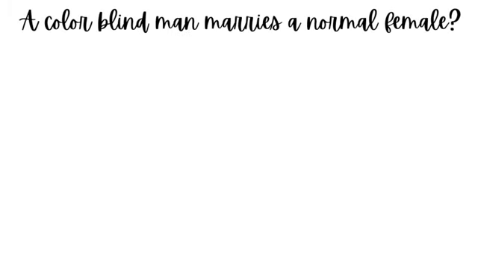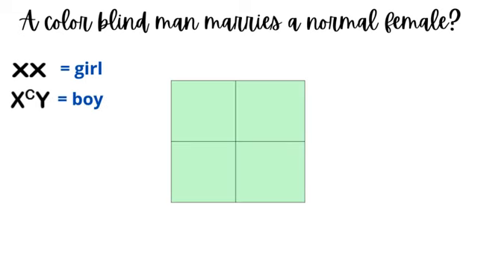First, we have to identify the given, which are X and X for the girl and X^C and Y, XCY rather, for the boy. Using the Punnett square, write down the given, X and X for the girl, XC and Y for the boy, XCY.